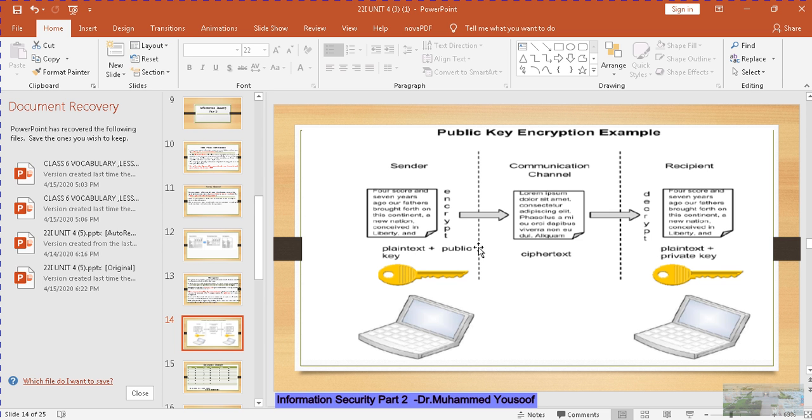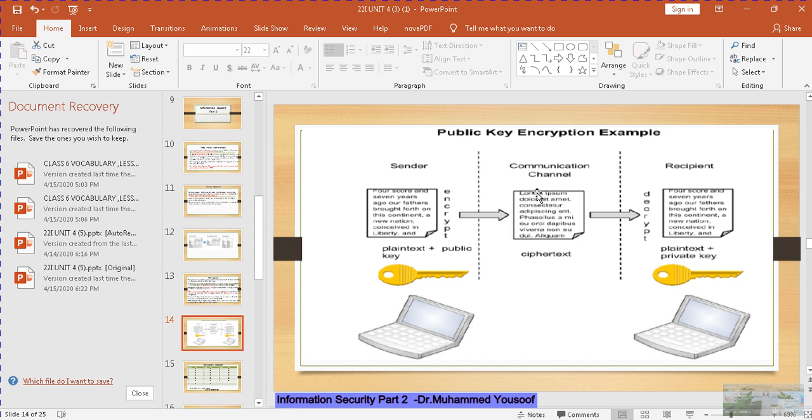When I apply a key, automatically you see that the information here is completely changed. Here it becomes different, Lorem Ipsum. This is how the message will be sent in the communication channel. That means for F we use some other letter, L. For O we use another letter like this.